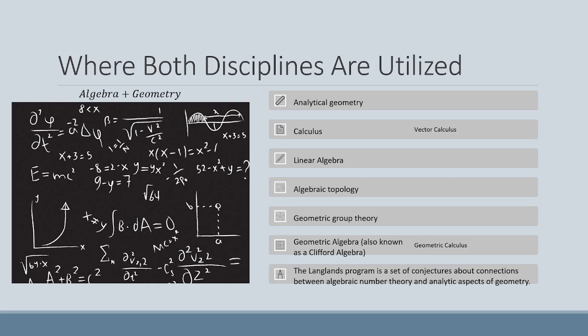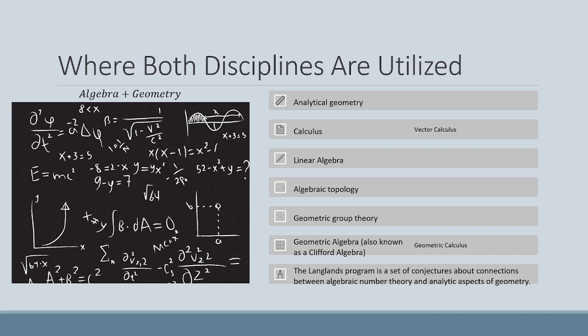Then we have calculus, which can be seen as the intersection between algebra and geometry because it relies on algebraic manipulation and geometric reasoning. More specifically, we have vector calculus, which is more geometrically focused.